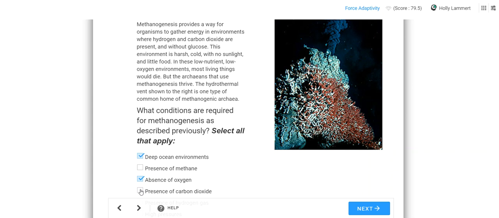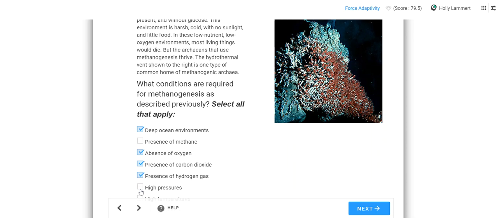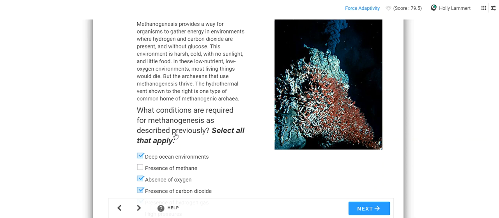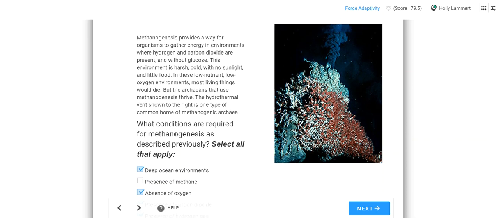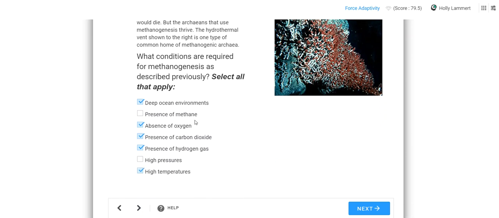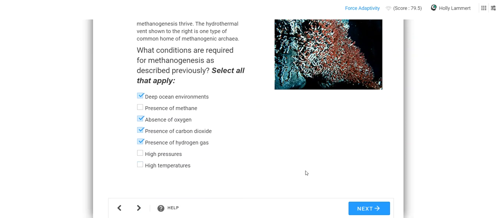It says where carbon dioxide is present, yep, and hydrogen is present. It's in a high pressure, but I bet they're going to say, I don't think it's required. But it is high pressure way down in the bottom of the ocean. And high temperatures. Harsh cold. Oh my gosh, what am I talking about? Not high temperatures.